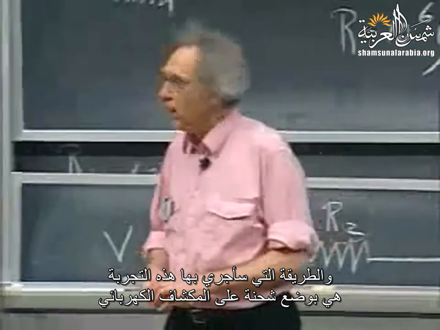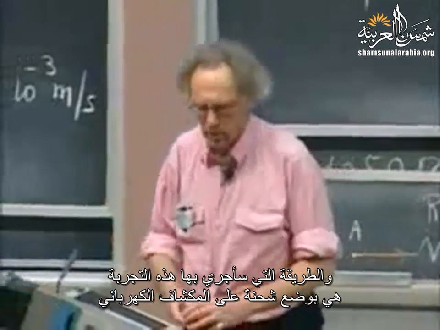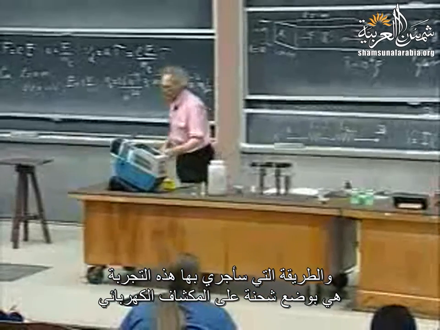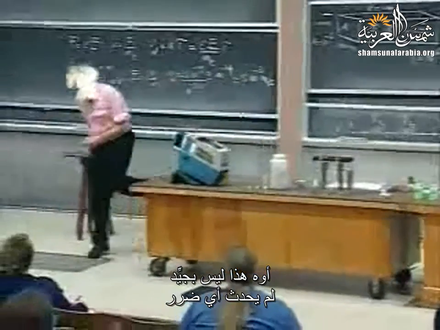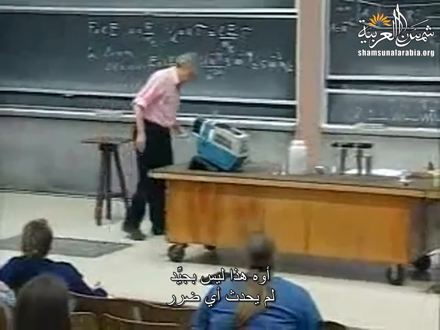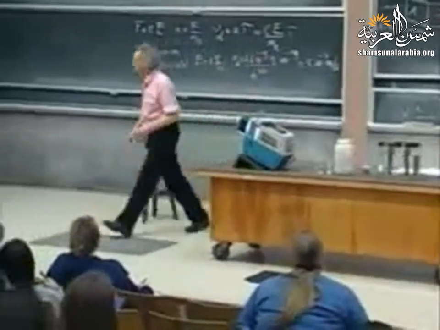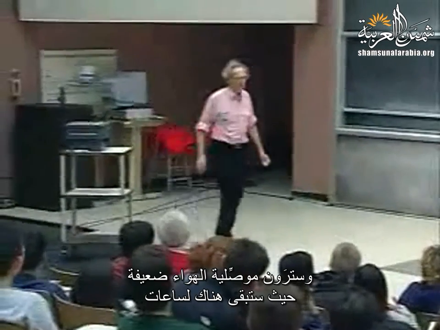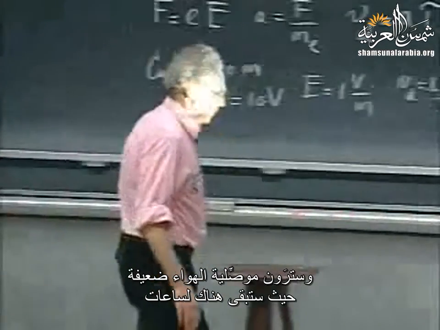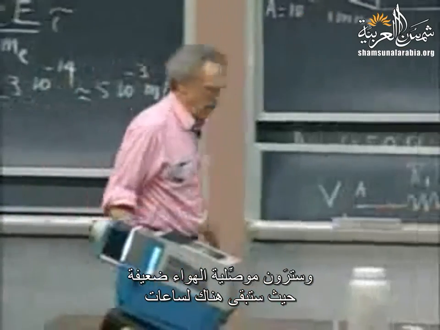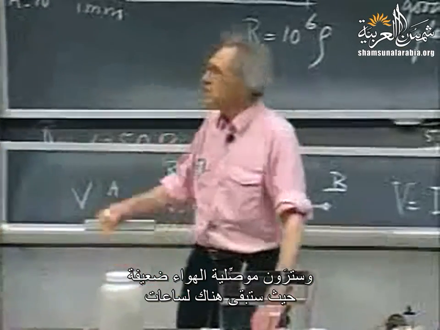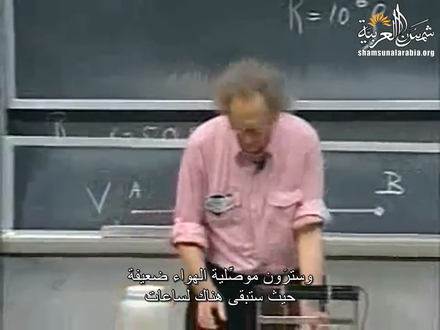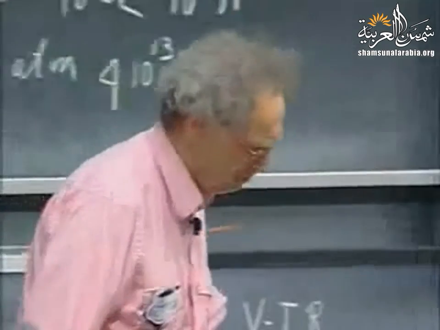And so what I want to demonstrate to you is that when I create ions in this room, I can actually make the conductivity of air go up tremendously. Not only will the electrons move, but also the ions will start to move. And the way I'm going to do that is I'm going to put charge on the electroscope, and you will see that the conductivity of air is so poor that it will stay there for hours.